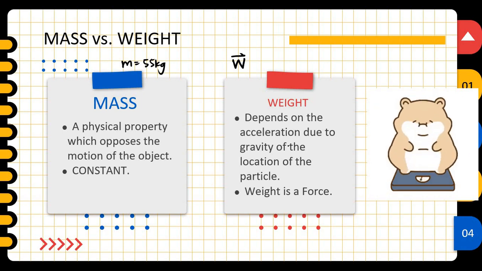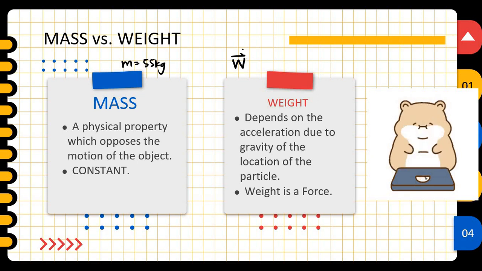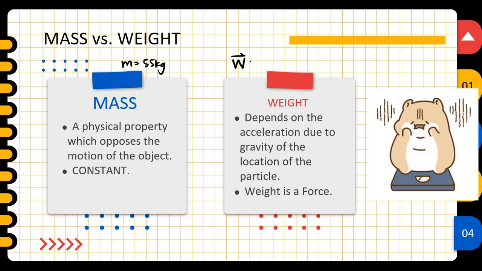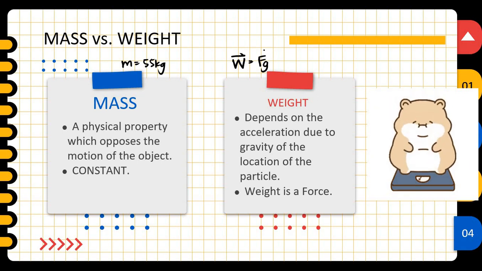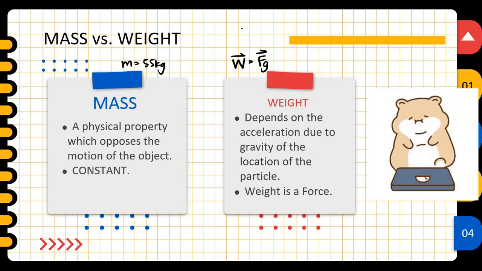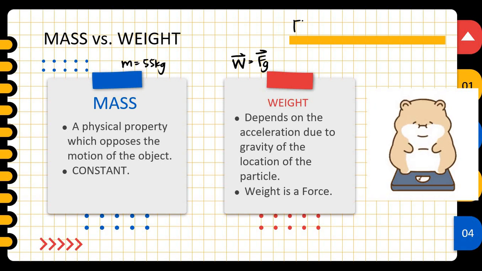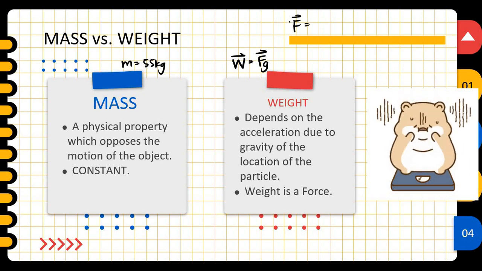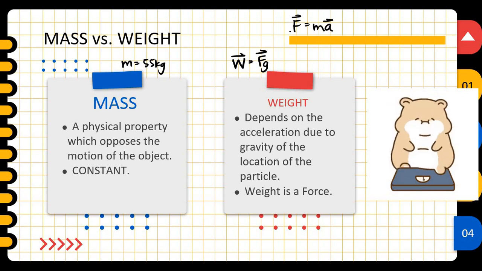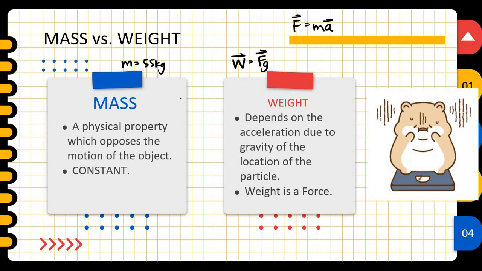Since it depends on the acceleration due to gravity, it is safe to assume that weight is similar to the idea of the force due to gravity. And since, according to what I've mentioned earlier, the second law of motion's famous equation is F is equal to ma, we can actually use that.